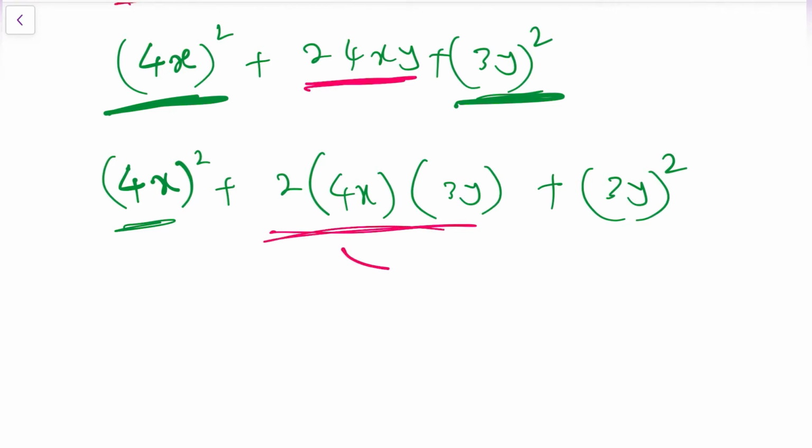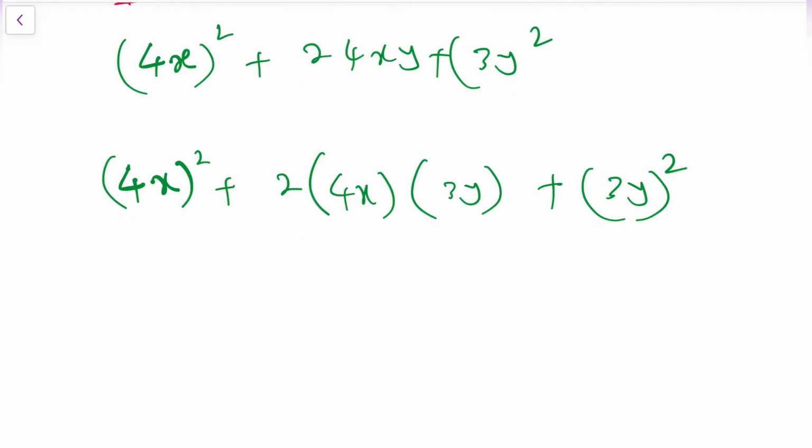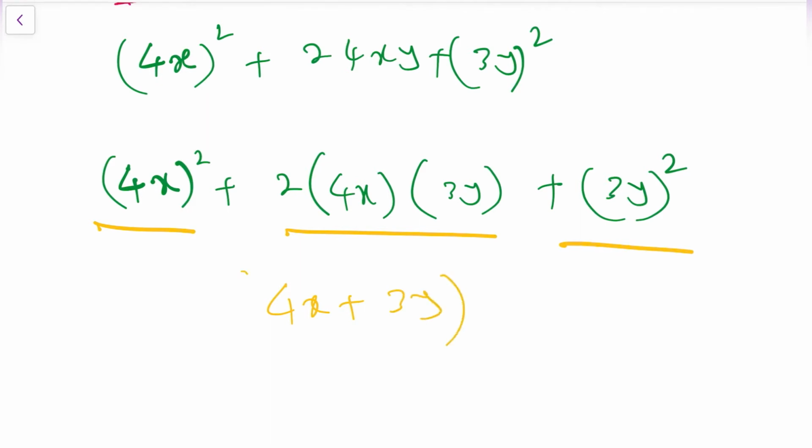So now if we observe this clearly, the last line is in the form of a square plus b square plus 2ab, which is nothing but a plus b whole square. So a is 4x, b is 3y. So 4x plus 3y whole square.